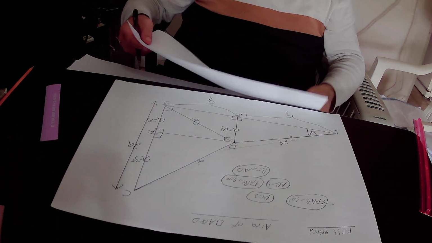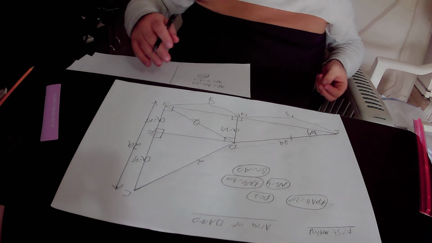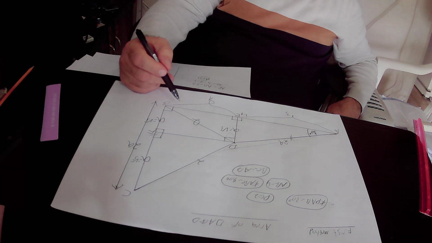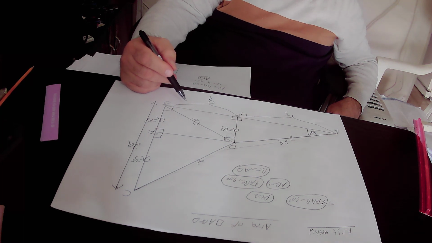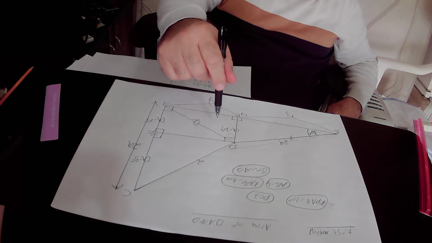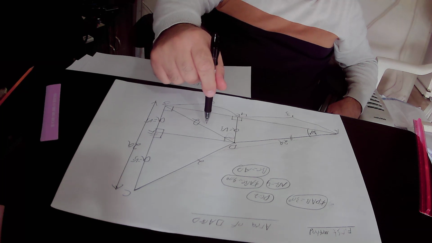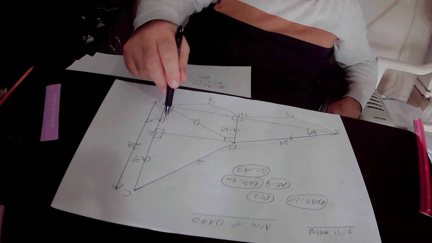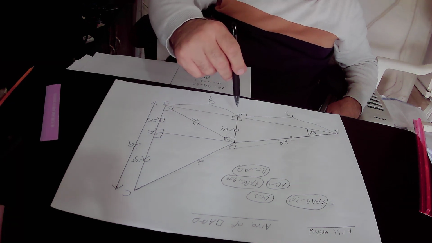But here, according to rule number 3, the opposite sides of a rectangle are equal to each other. So in rectangle DFBE, the opposite sides of this rectangle are equal to each other.